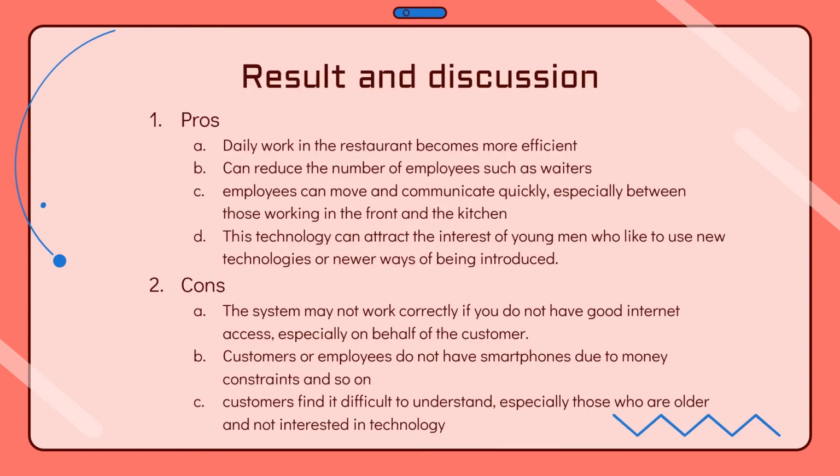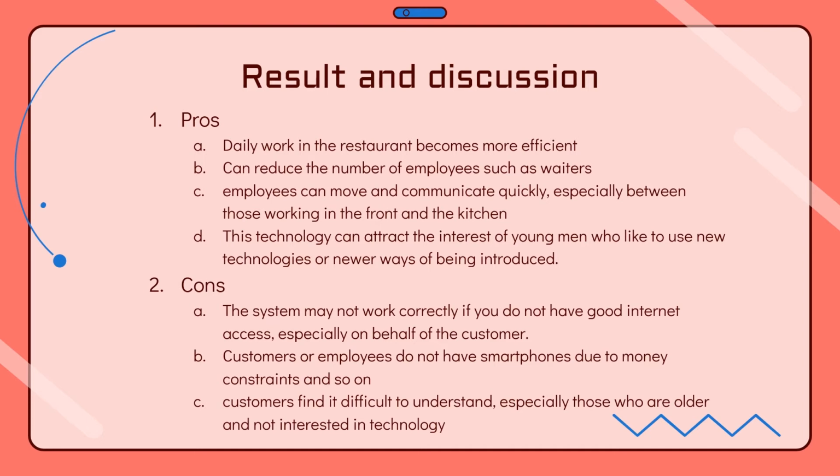As we know, in our life, there will be consequences for each action that we take. So by implementing this project, there will be pros and cons. Firstly, we will go through the pros. The pros of implementing this application are, first, daily work in the restaurant becomes more efficient.